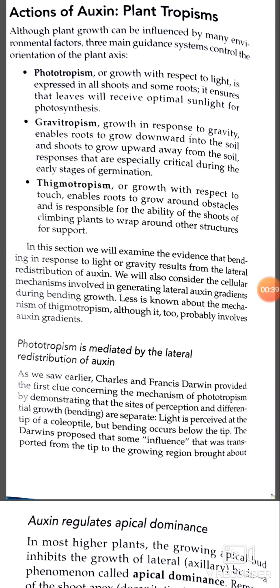So today we discuss the actions of auxins in plants.